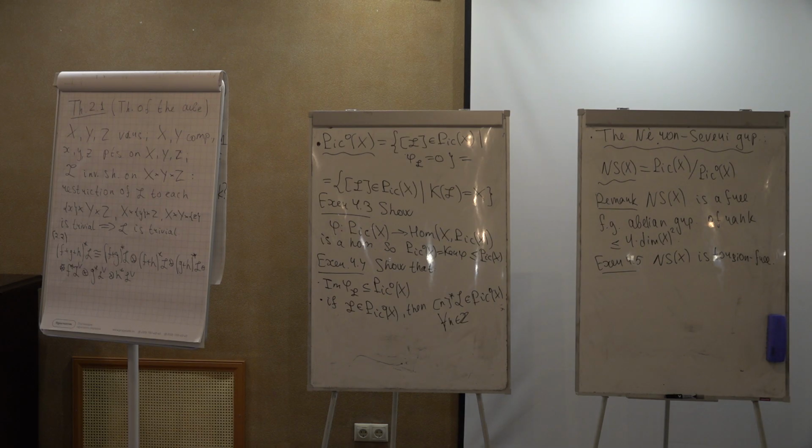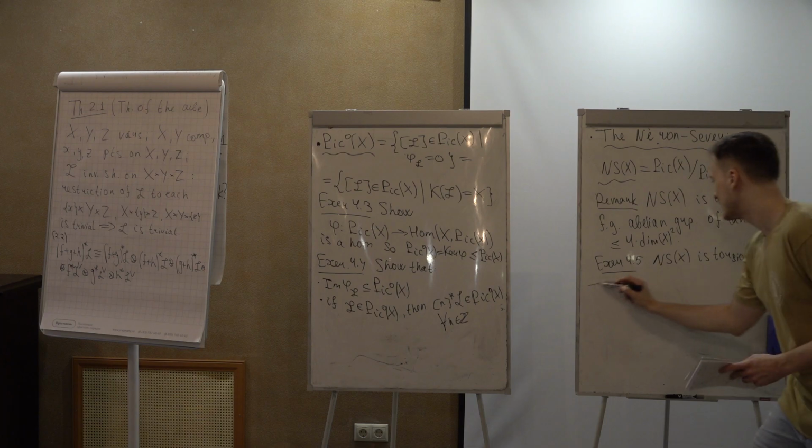It's a particular case of the previous statement. Of course, it follows from this, but I mean, the exercise is to show this not using this theorem, just using the definitions.